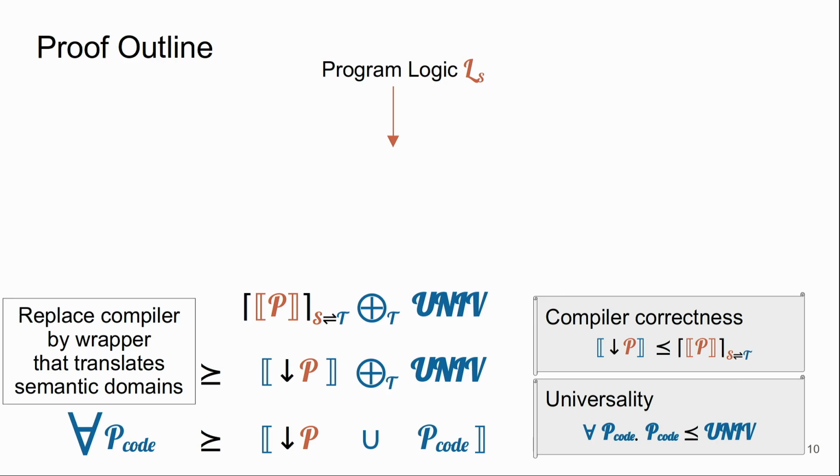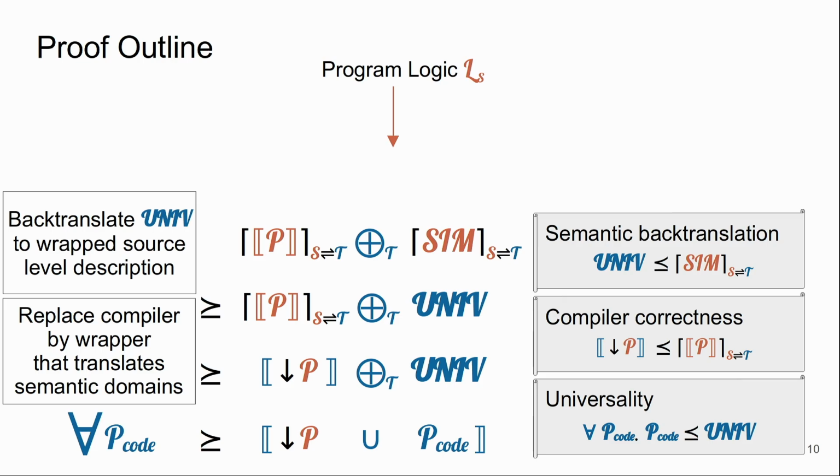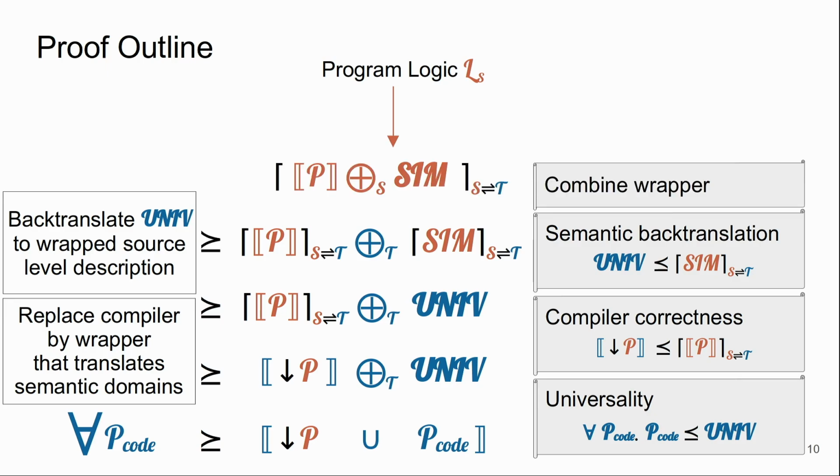The next step is to prove the key security theorem, which we call semantic backtranslation. It says that we can replace the target universal contract by the source-level simulator, again translated in the semantic domain by the wrapper. Finally, we combine these two wrappers and prove the soundness of the program logic on top of that.